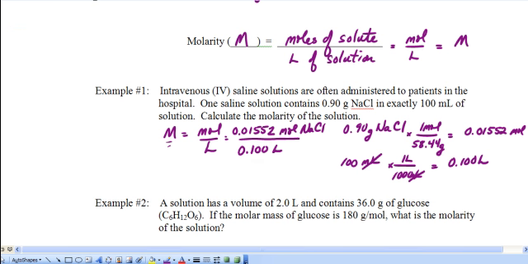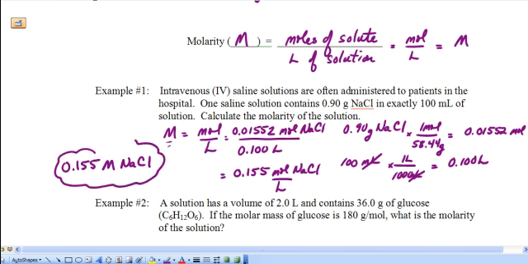And so if you take your 0.01552 divided by your 0.1, that's going to give us 0.155, if we round it to 3 sig figs, moles of NaCl per liter of solution. Or another way to state that would be to simply say that it's 0.155 molar NaCl.